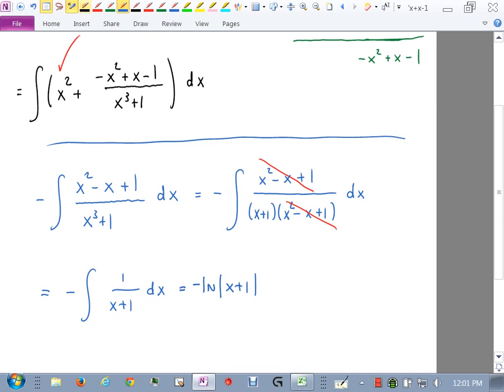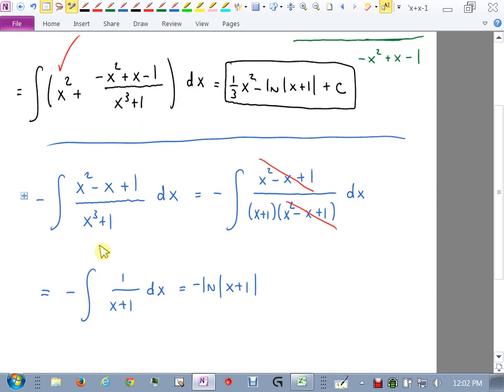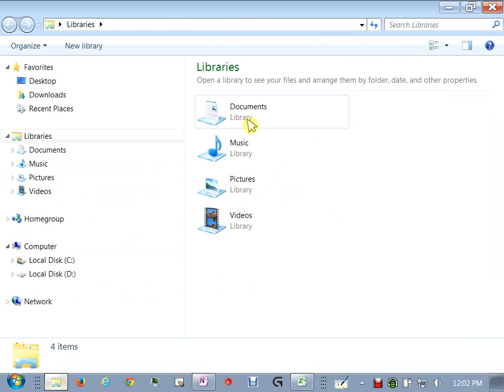I don't even have to do a bunch. I can go back up here where I did that check mark and squeeze that answer right in: 1/3 x cubed minus natural log of x plus 1. There we go. That was number 30 out of the book, by the way.